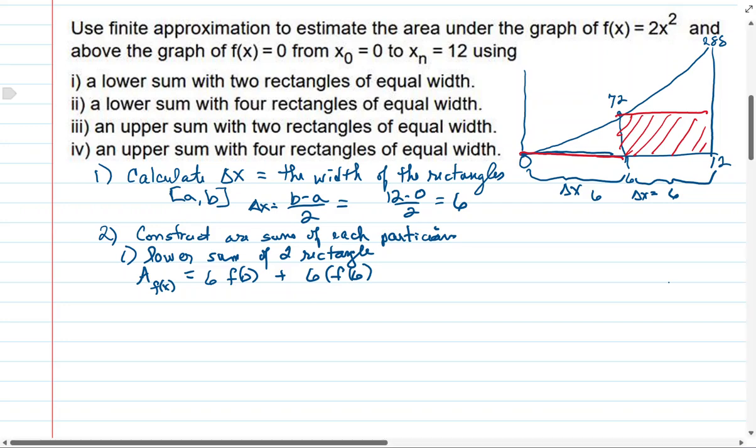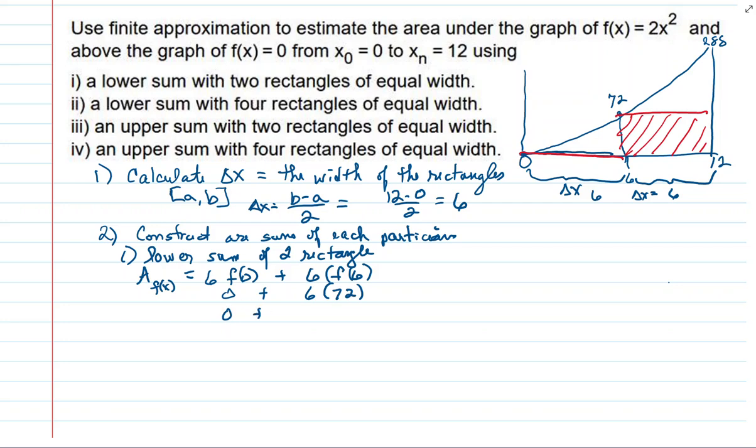And we know we're missing a lot. So we're going to have 0, and f of 6 is, let's just do it, 36, 72. So we've got 432 square units, which is way off. And we know it.